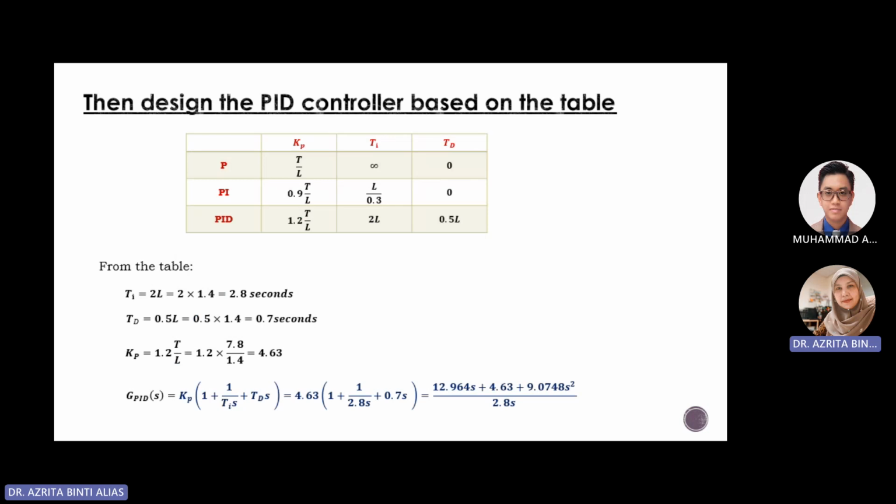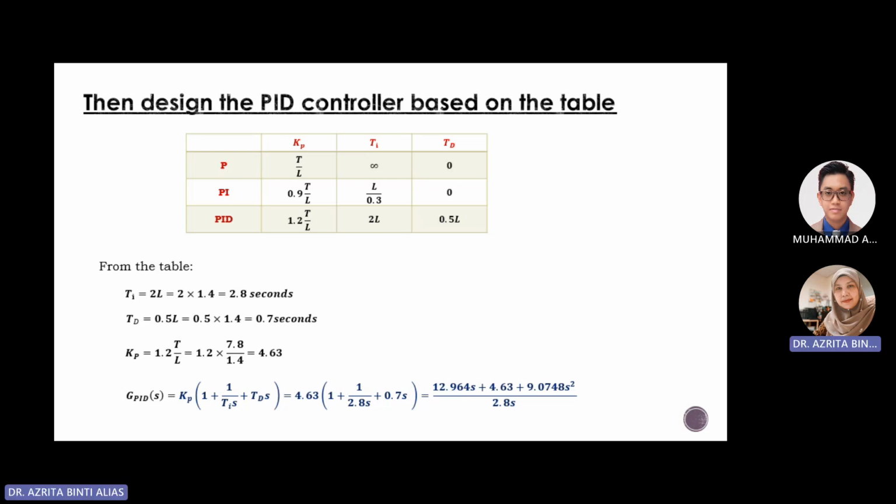After we obtain the transfer function of the system, we can design the PID controller based on this table. This table is given in your appendix, so you just need to use it to find the values of KP, TI, and TD.